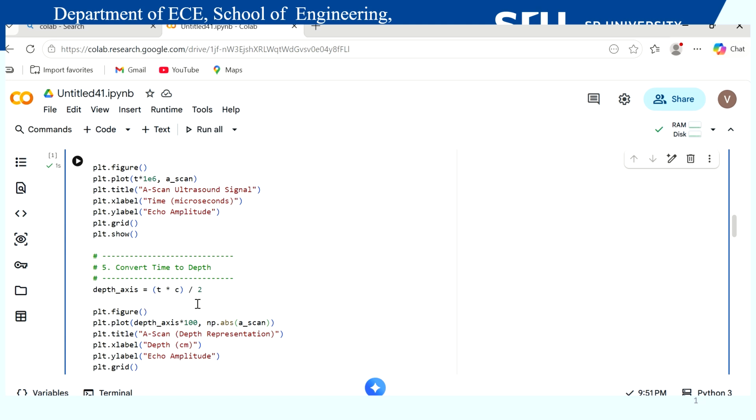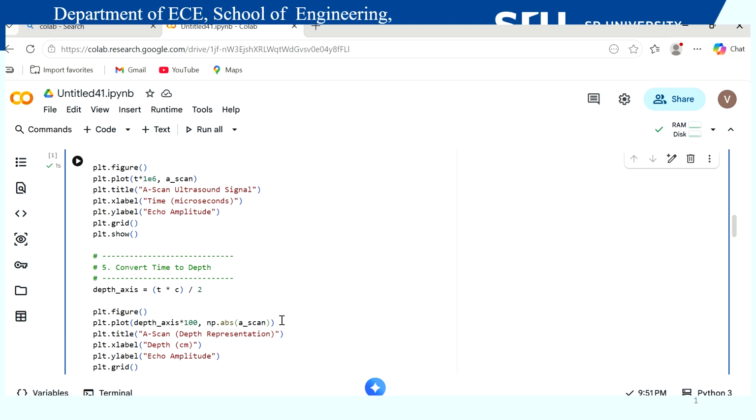We reverse the delay equation, that is why d equals ct by 2. Now the horizontal axis becomes depth instead of time, and this is how real ultrasound machines calculate depth.